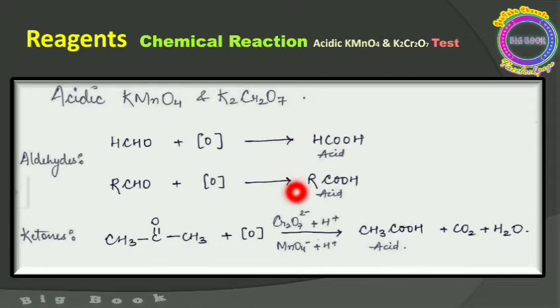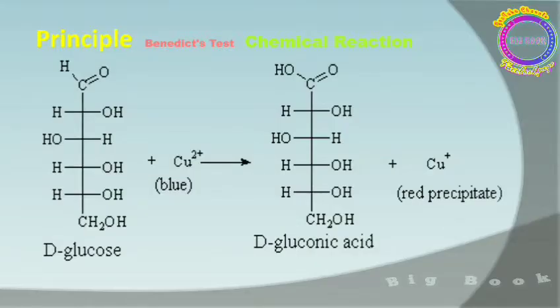Readily we will get the result, but here the boiling is required because the ketonic bonding is strong, where it has to be disrupted to give rise to the precipitate or the result. So this is the chemical reaction of the acidic KMnO4 and K2Cr2O7 test.